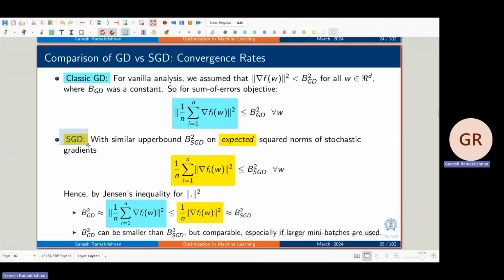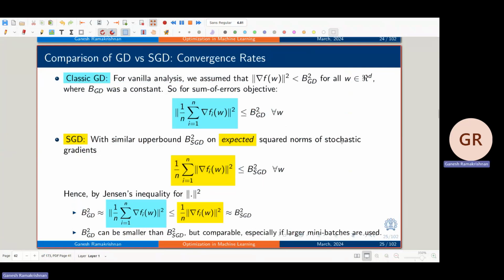But now this stochastic gradient descent is slightly interesting, right? Here you had a norm of the summation squared. Here you have a summation of norm squares.